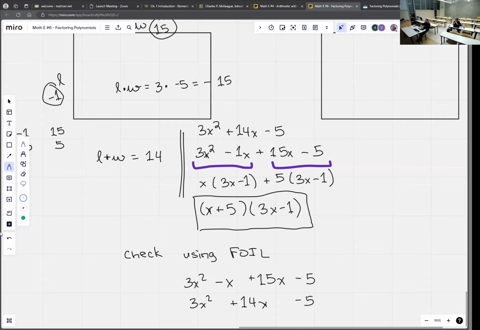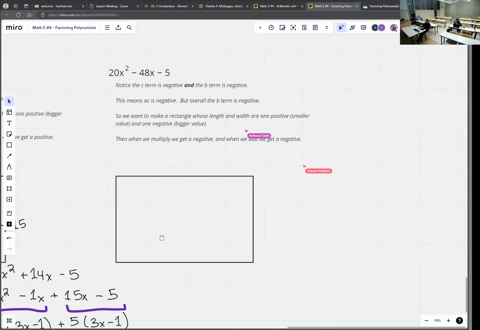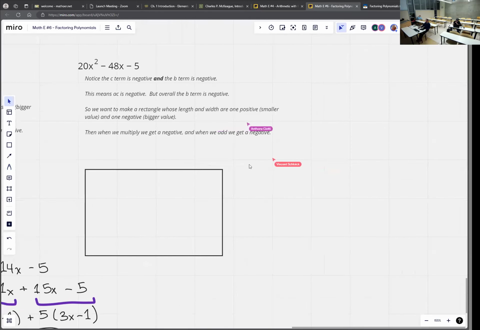Okay, your brain might feel like you're being bludgeoned mentally with hot pasta, but let's do one more. 20x squared minus 48x minus 5. Where do I start?